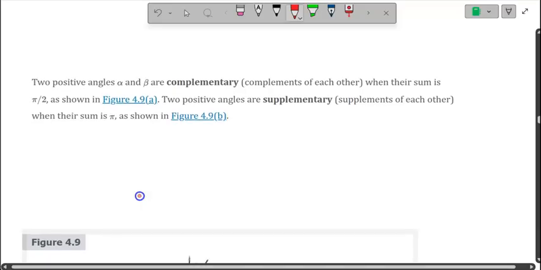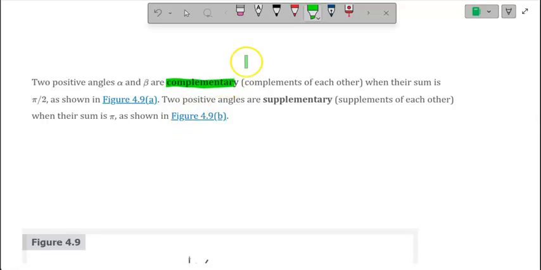Okay, so here after the coterminal angles, we are looking for the complementary and supplementary angles. This is almost the same thing. Supplementary: alpha plus beta equals 180 degrees, right? It can be a flat line. Complementary: alpha plus beta equals 90 degrees, all right?